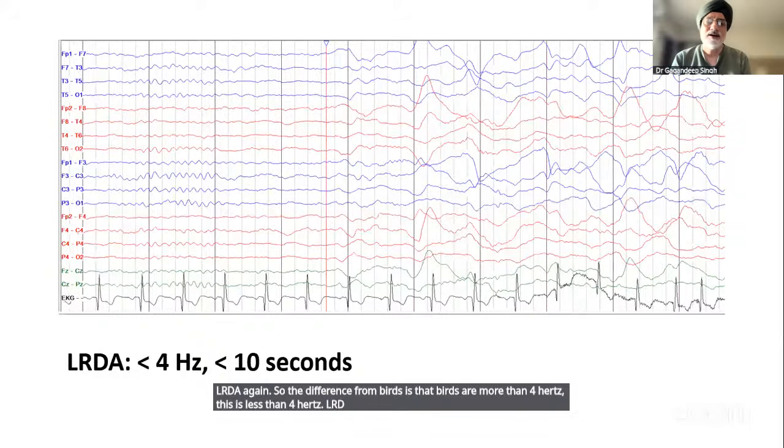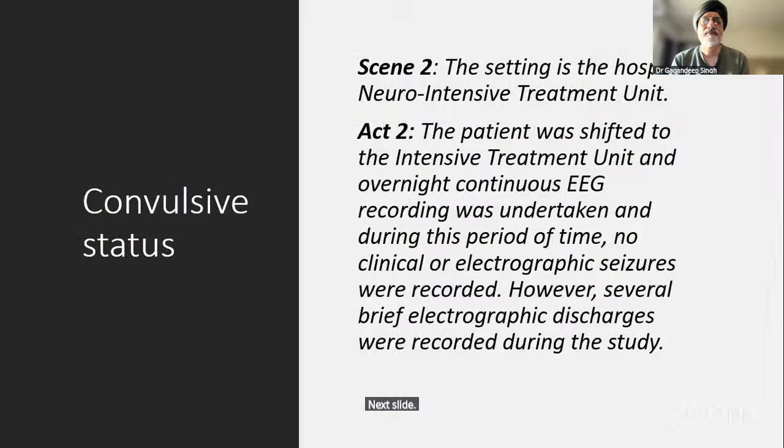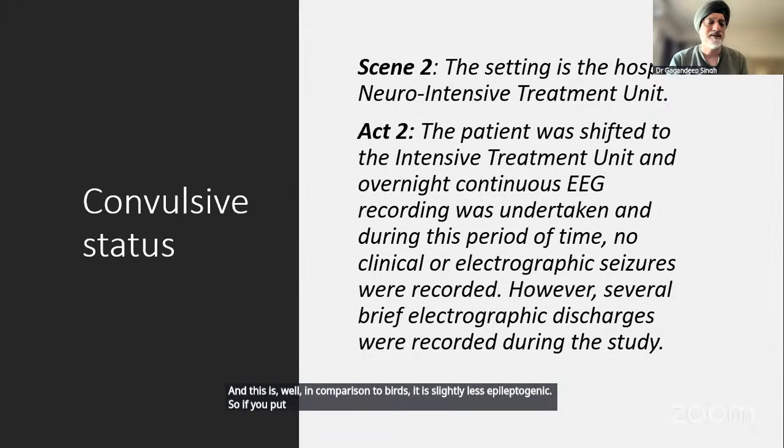LRDA typically, to call it LRDA according to the ACNS criteria, should be less than 10 seconds, right? Next slide. And this is, in comparison to BIRDs, slightly less epileptogenic. So if you put BIRDs at 70% chance of electrographic seizure, this you would put at 40 to 50%.